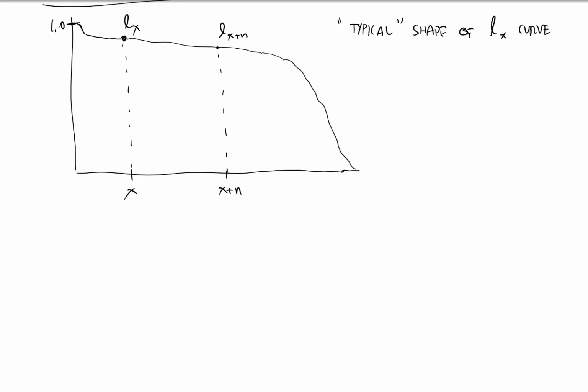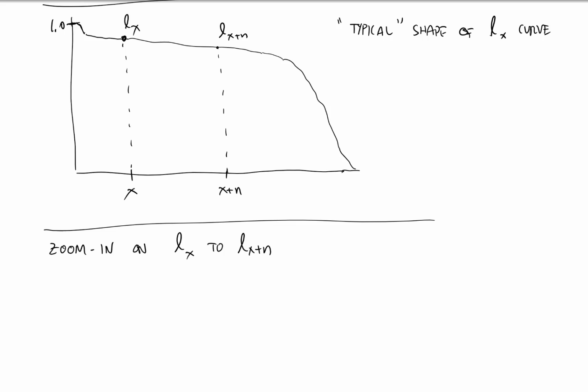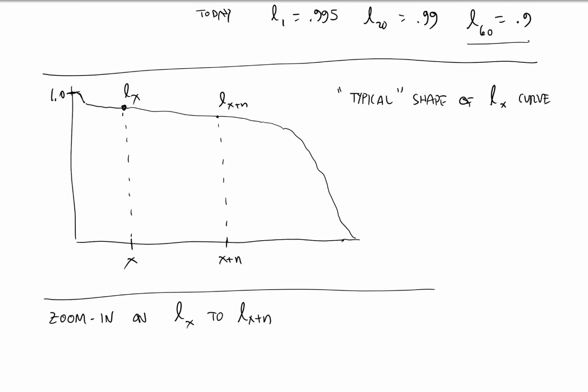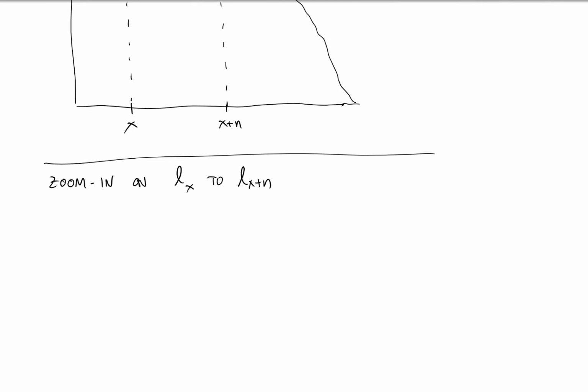Let's give a quick zoomed in picture, zooming in on this area from Lx to Lx plus n. n could be 1 year, 5 years, or 10 years. It doesn't matter at this point, but I just want to look at a zoomed in picture of it.